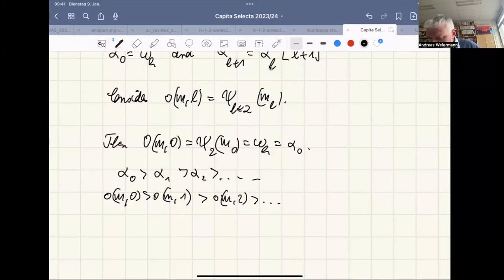Okay, now what is the claim? The claim is the following. O of M_L is at least as big as alpha L. So what does this mean? The first time where alpha L hits 0 is at least as big as the first time where O(M_L) hits 0. Now we want to prove this.